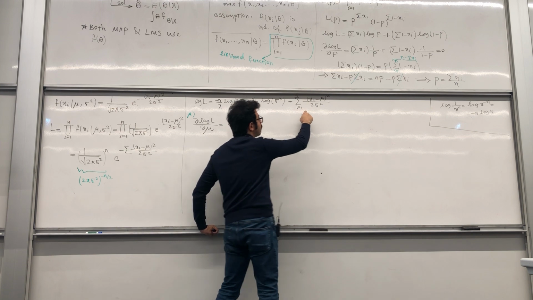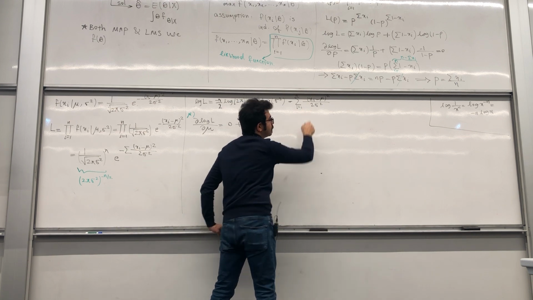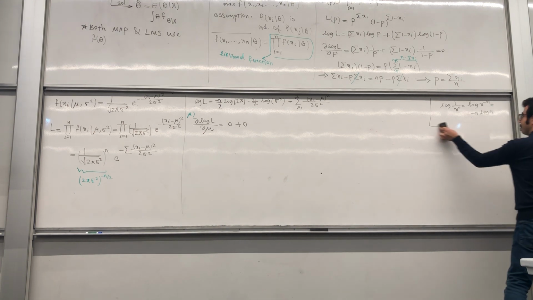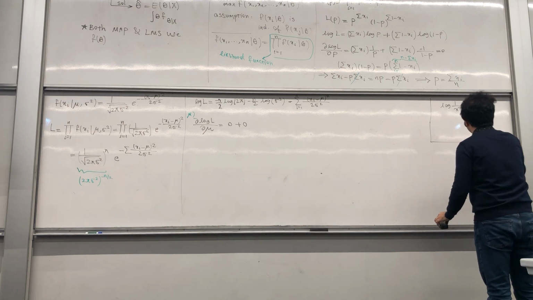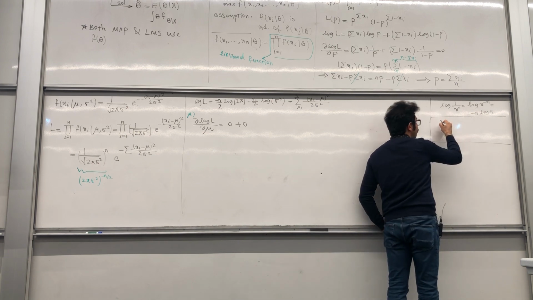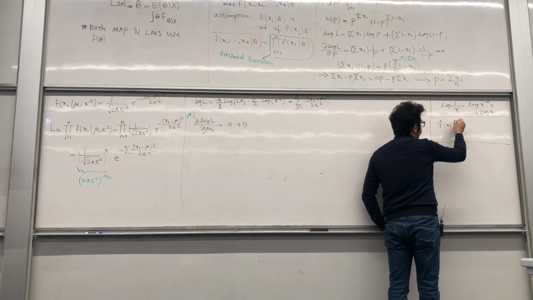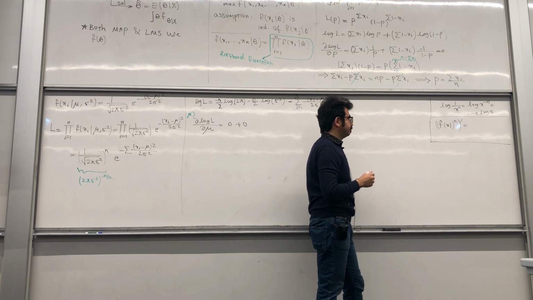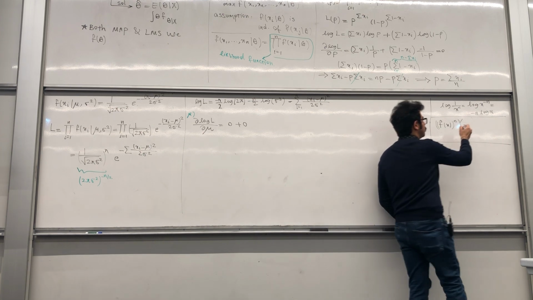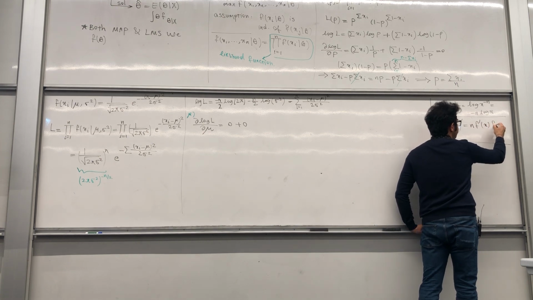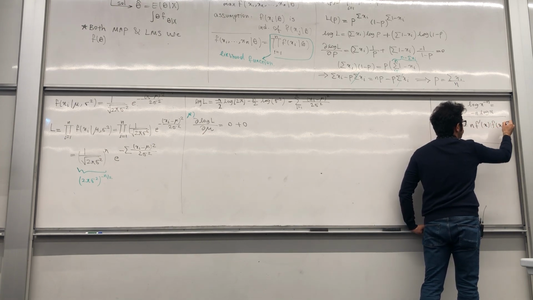Now here, how can I find the derivative of this term? Let's review. If I want to find the derivative of f of x to the power of n, this is equal to n times f prime of x times f of x to the power of n minus 1.